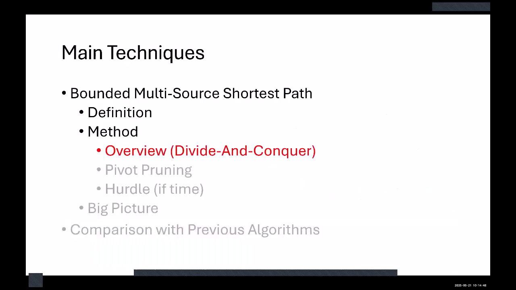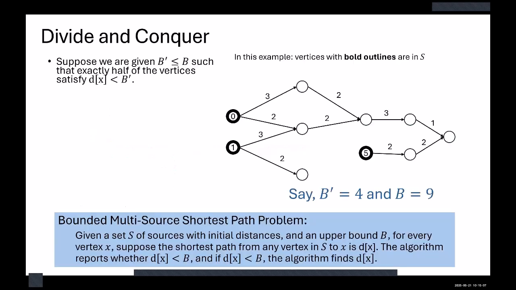So why are we considering this somewhat awkward version of single source shortest path? The reason is that there's a self-contained divide and conquer method for this problem, meaning that all the recursive subproblems will still be an instance of the bounded multi-source shortest path problem.